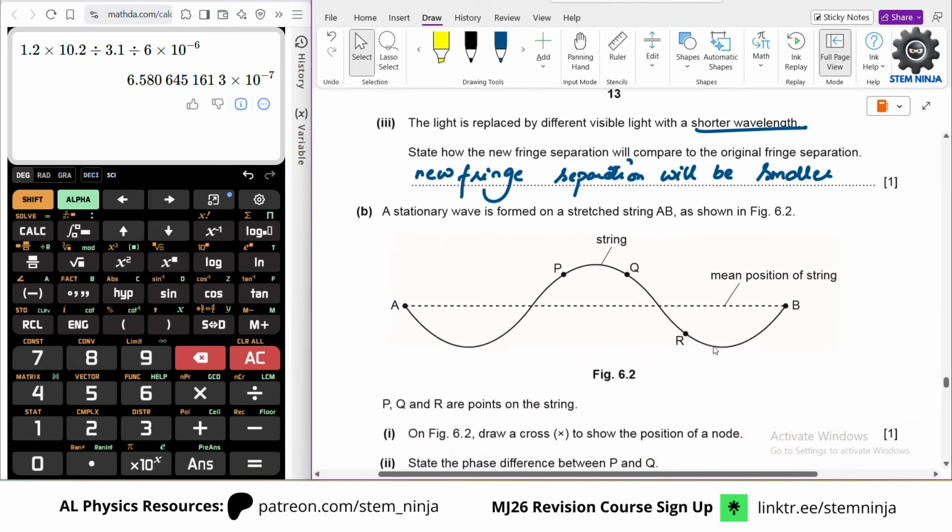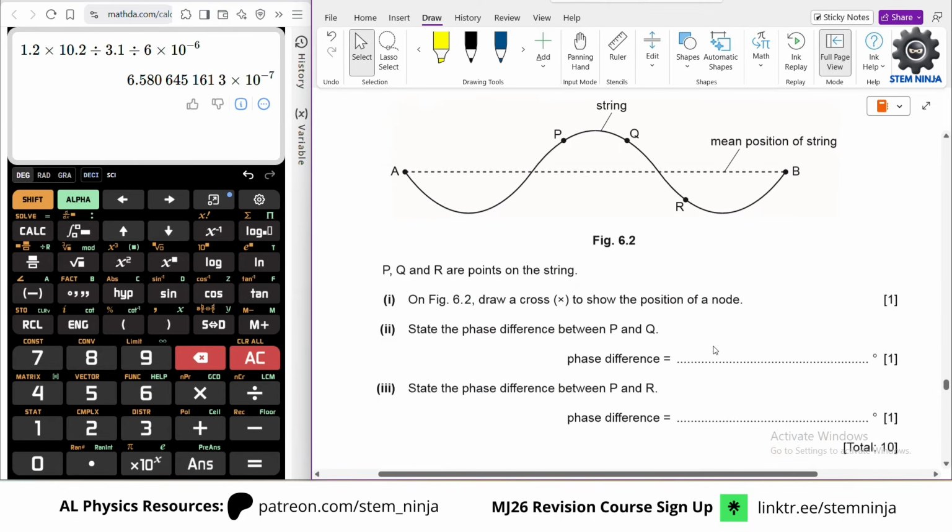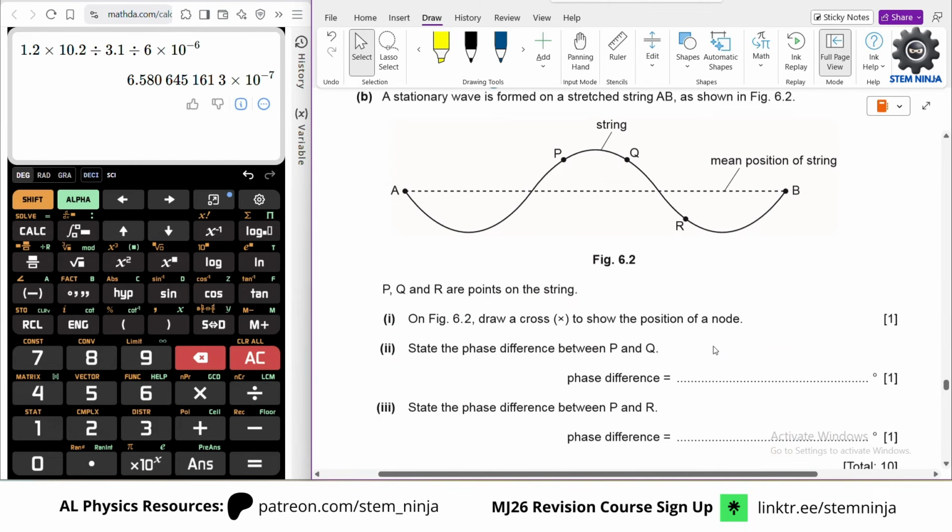Okay. A stationary wave is formed on a stretched string AB. P, Q and R are points on the string. On figure 6.2, draw a cross to show the position of the nodes. The nodes are where you have these, and this.